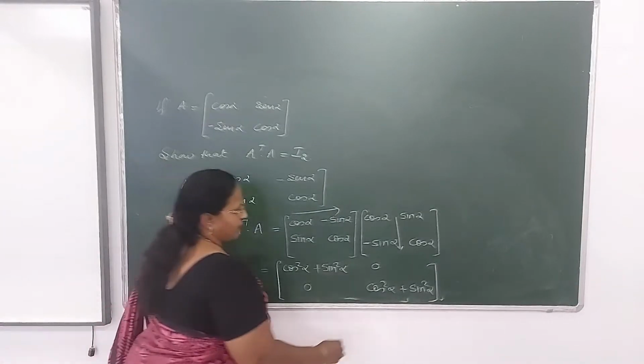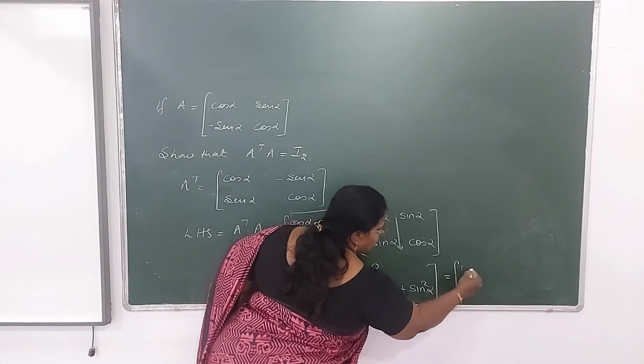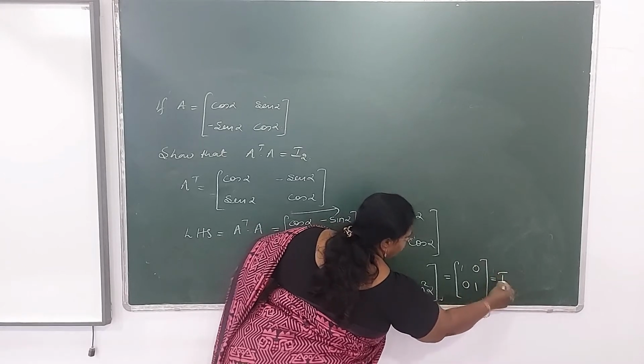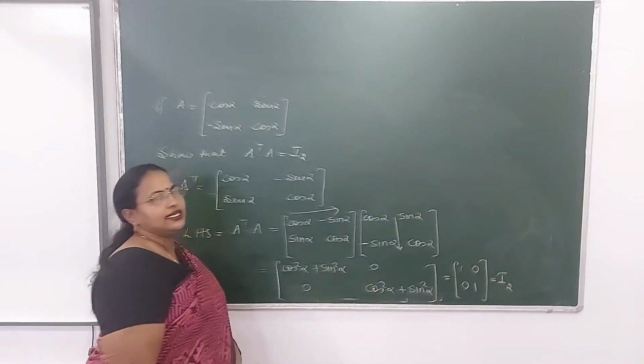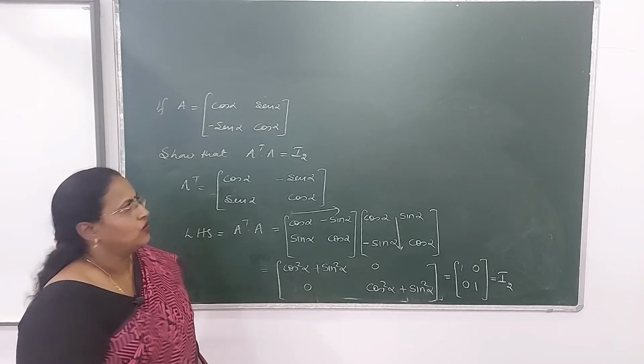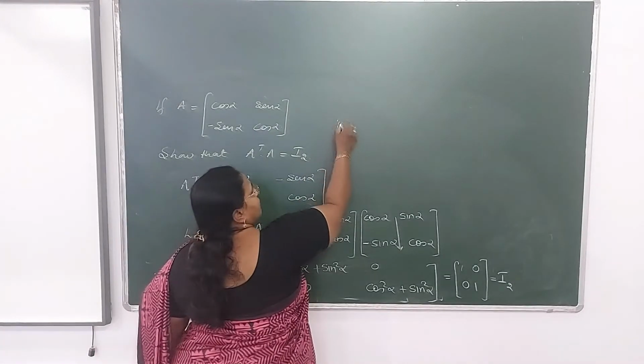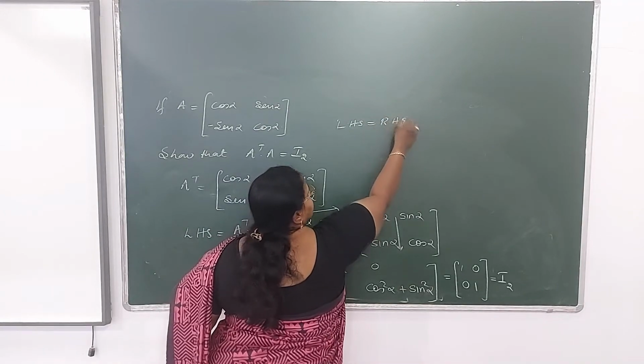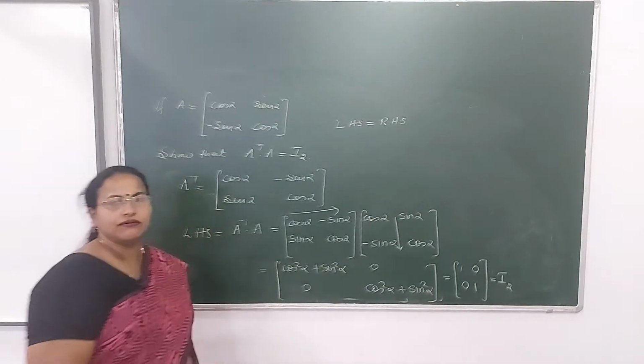So this we can write as 1 0 0 1, that means this is I2, identity of order 2. So this way we have proved that LHS is equal to RHS, hence this is done.